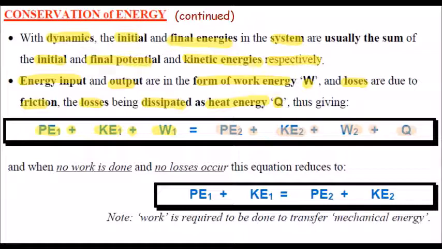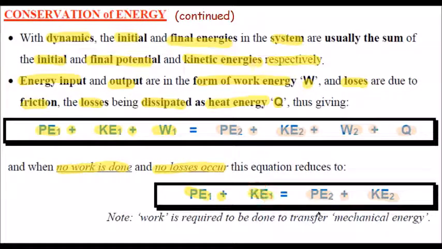Now for a situation where there is no work done and no losses occur, the above equation can simplify to initial potential energy added to initial kinetic energy equals final potential energy added to final kinetic energy. And we can play tunes on this equation because sometimes we might have initial potential energy but no initial kinetic energy, but we might have final potential energy and final kinetic energy.